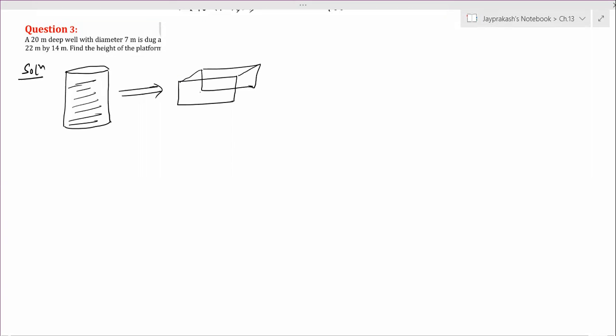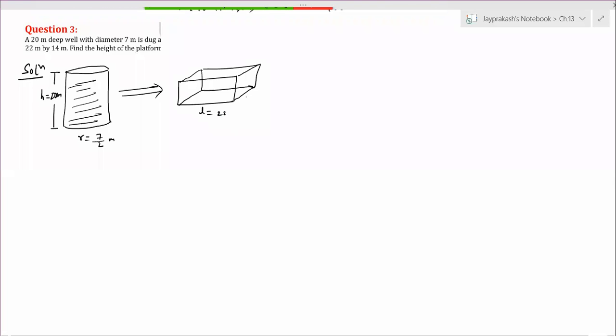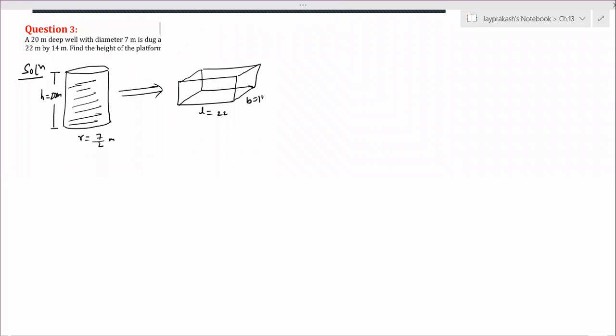So we have to use the volume of cylinder equals volume of cuboid. Before that we have to write all the parts of the cylinder. The height of the cylinder, that means the well, is 20 meter and the diameter is 7, so the radius will be 7 by 2 meter. For the cuboid, length 22, breadth 14, height is missing.